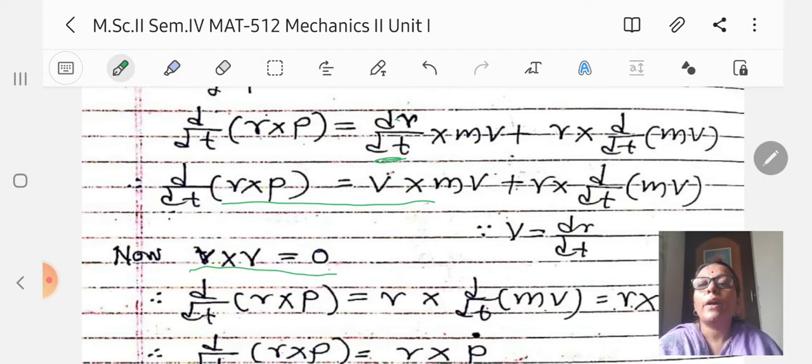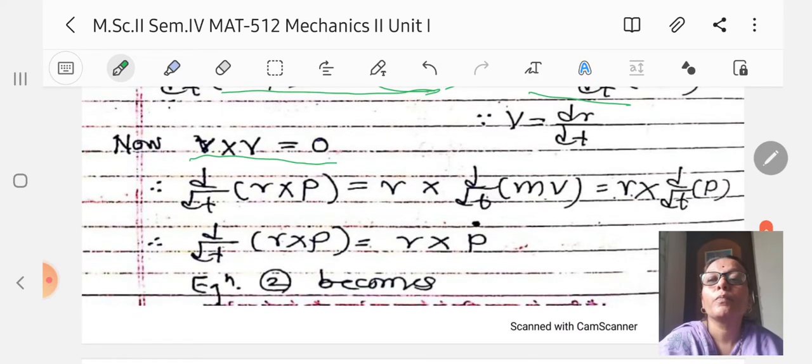Therefore d by dt of r cross p equals r cross d by dt of m v, since the first term gets cancelled. Here m v is nothing but p, so r cross d by dt of p, and d by dt of p we can write as dp by dt, that is p dot. Here d by dt of r cross p equals r cross p dot.